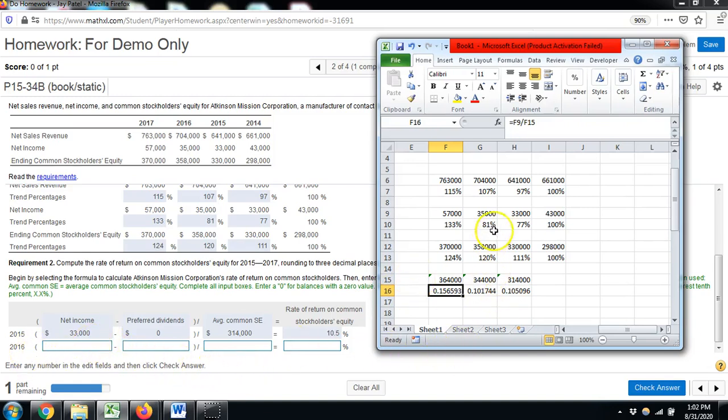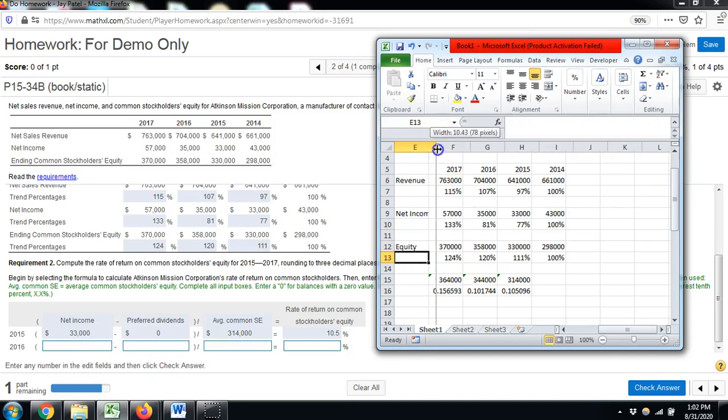For 2016, we basically, this we'll use, and this is revenue, this is net income, this is equity.